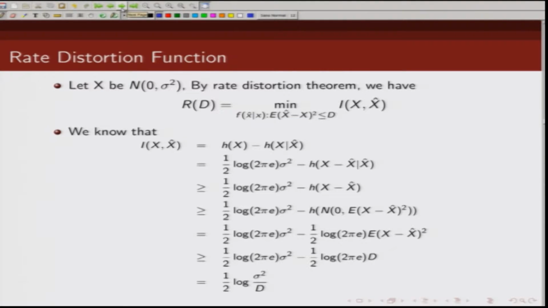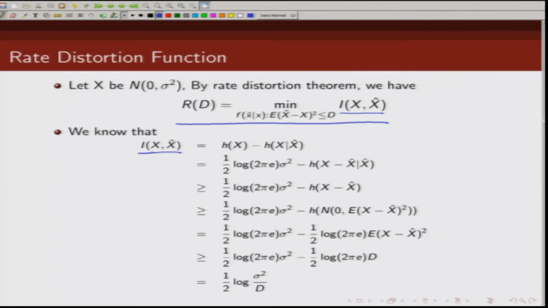Now let us compute the mutual information between X and X hat. The way we are going to compute this rate distortion function is as follows. We are going to lower bound this mutual information between X and X hat, and then we are going to show that this lower bound is achievable, and that is how we are going to show that that is the value of the rate distortion function.